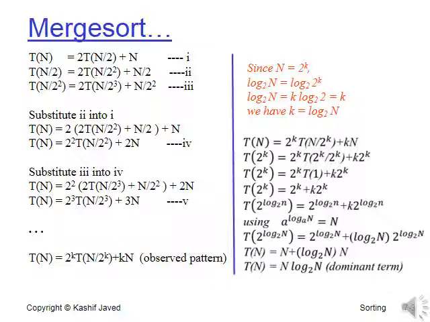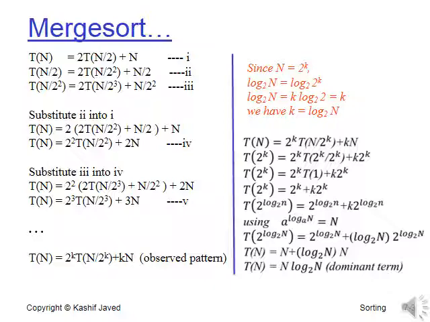Now let's substitute equation 2 into 1 and we get T(n) equals 2 times T(n/2^2) plus n/2 plus n. Let's simplify. So we get T(n) equals 2^2 times T(n/2^2) plus 2n. And let it be equation 4.